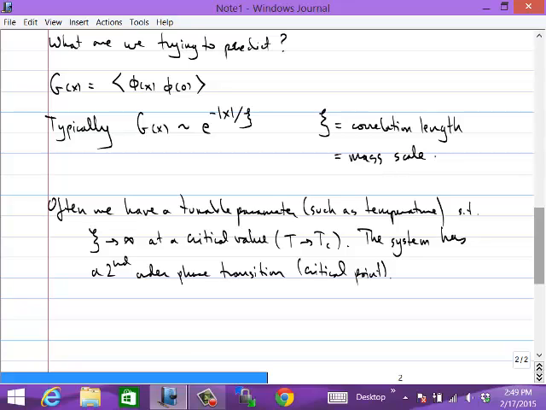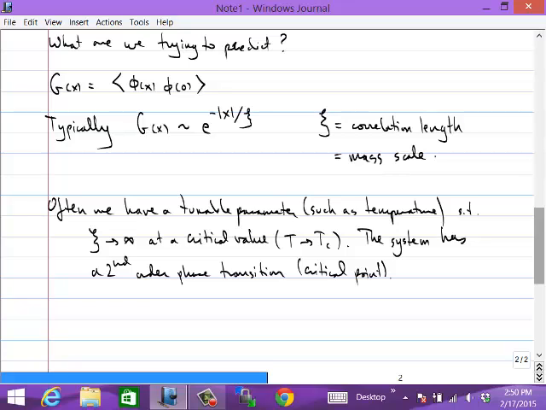And then as you approach a critical value, the correlation length diverges. What does that mean? That means that suddenly all of your little spins, which had been disordered and unaligned, are suddenly becoming aligned. And so that means the system is entering a magnetic phase, or an ordered phase, whereas previously it was in a disordered phase.